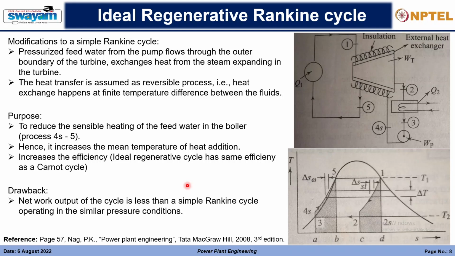Higher work output may sometimes be required in practical conditions, but that does not always mean that the efficiency is higher. Suppose you need more work output, so you will have to extend this process 1 to 2 ways. You will have one point somewhere here, or you will have to superheat, go to here and then again come to here.